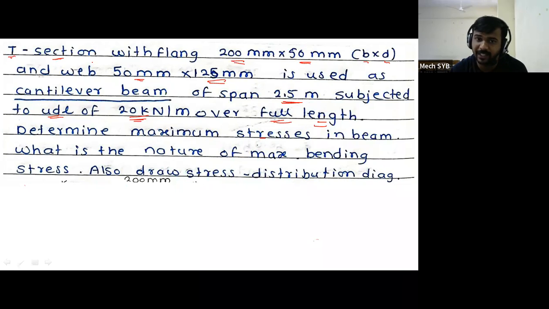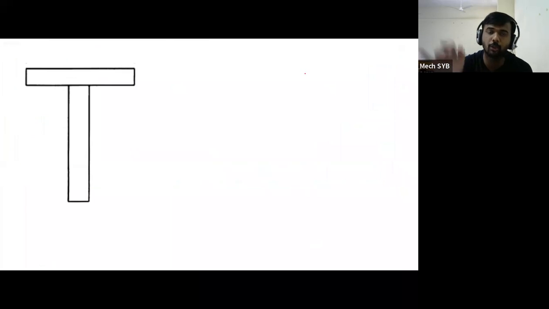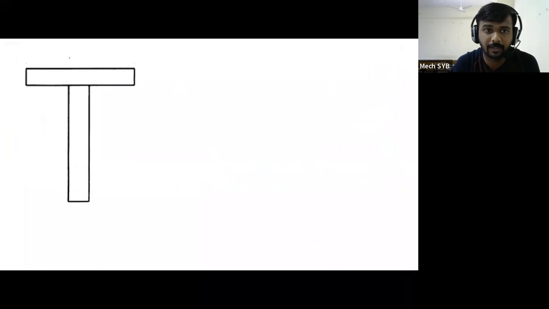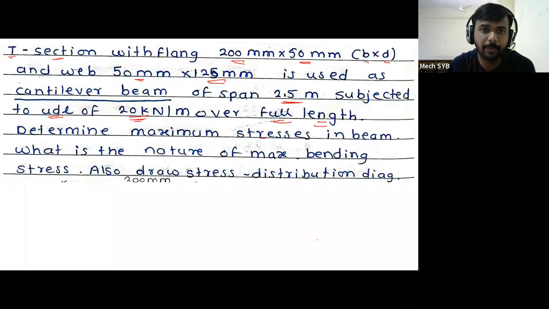That we have to decide as the nature, and we have to draw the stress distribution diagram. So this is the statement in front of you. So draw the T section, draw the figure, and we have to write all the dimensions of the T section. What is the dimension of the flange? 200. So this is 200. And this is 50 mm. What is the dimension of the web?